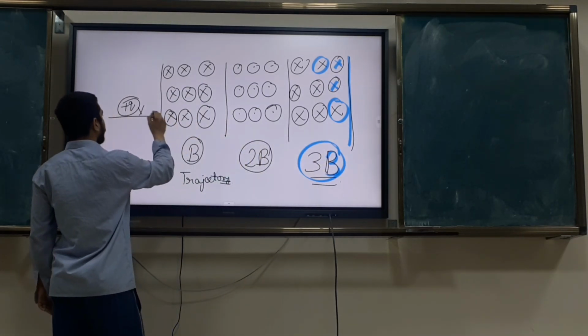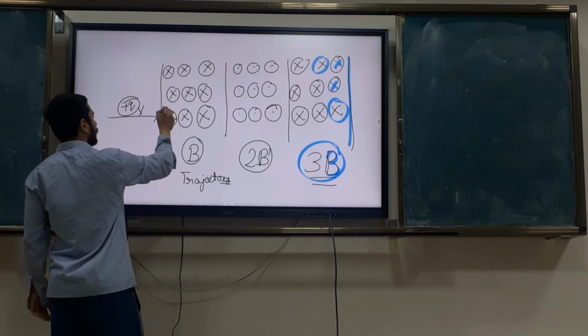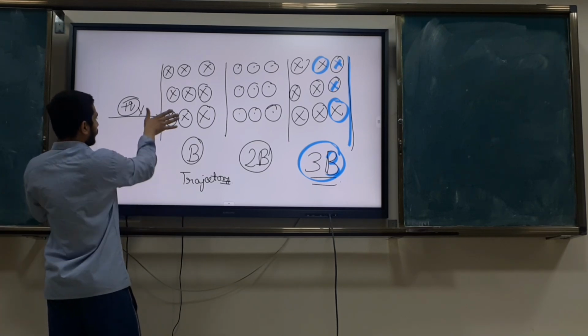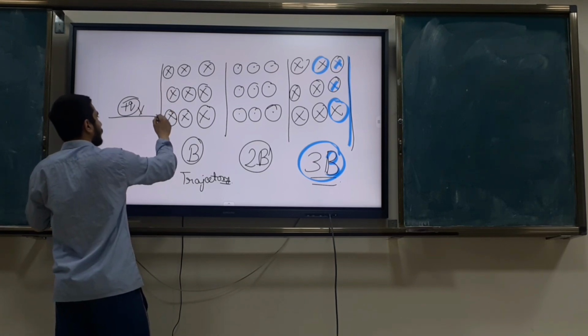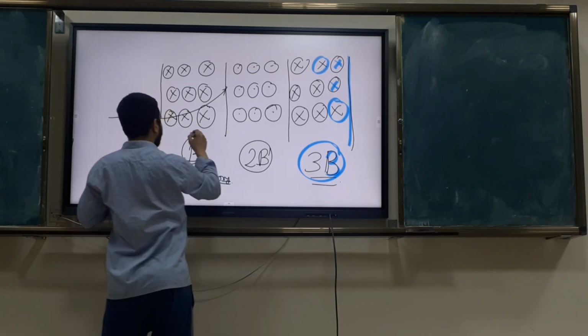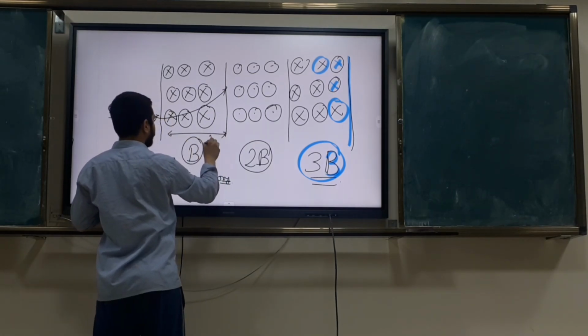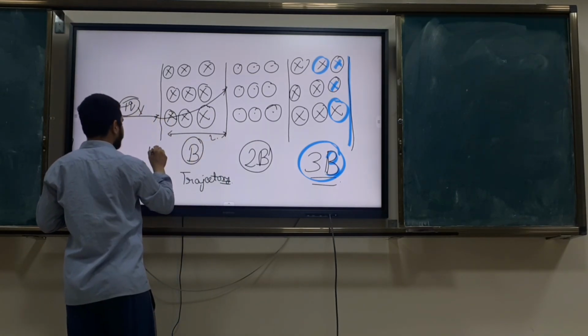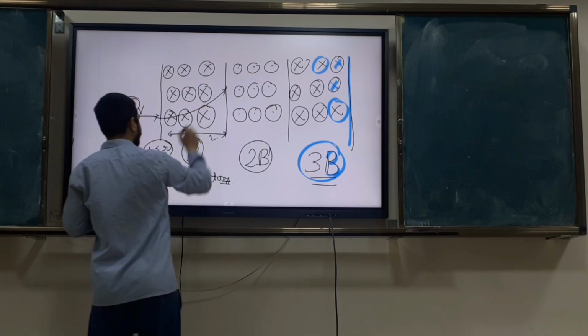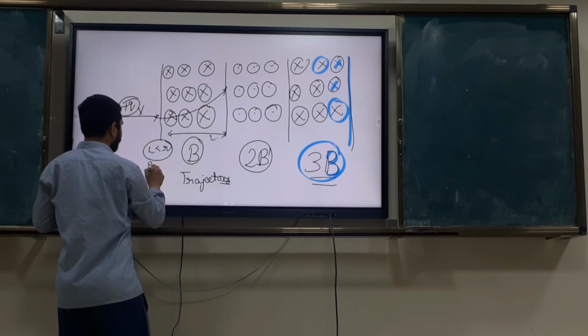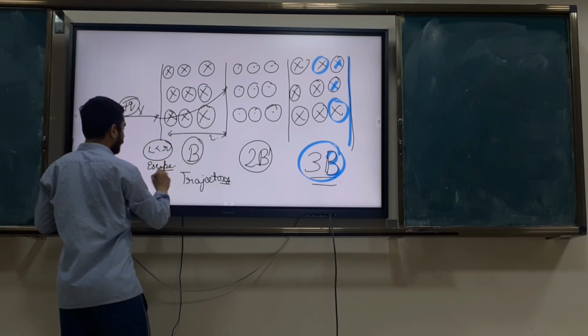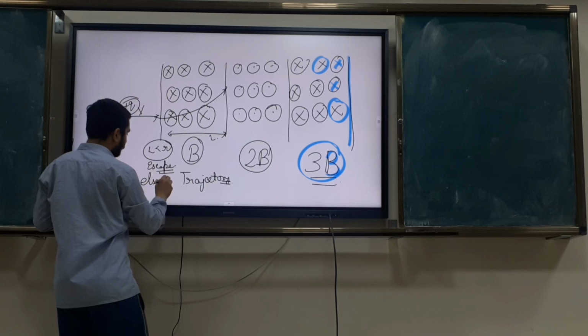We will tell F is equal to qv cross B. So the force vector will be upside. So like this it will be the trajectory, and we always have to compare this length and the radius. If the length is less than the radius, then only it will escape. Else it will not escape.